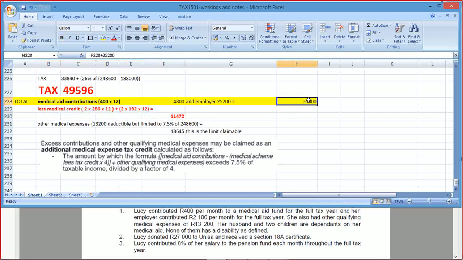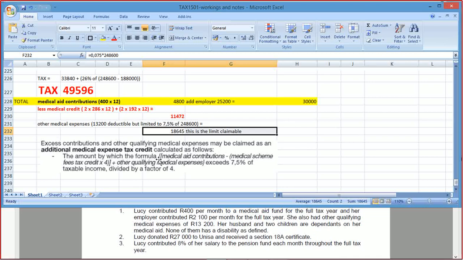Right, so here you had her tax credit. That's going to come off her taxable income. And then her contributions of 30,000, obviously limited to that. So she can't claim the additional contribution.